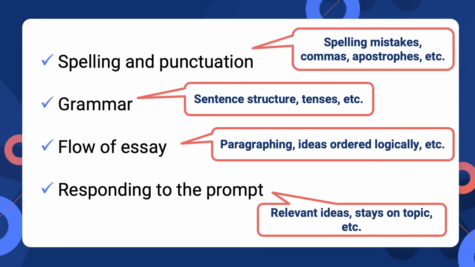So oftentimes we proofread our work by just skimming through and reading our writing, but one trick that I use and I encourage my students to use is reading our writing out loud as if we're presenting it to a class, reading it aloud, even if it's a whisper, because that will help you listen for some grammar mistakes or other types of mistakes, and you'll be able to hear if your sentences make sense and also if your essay flows well. So you'll be able to check for a lot of the things that we've spoken about today if you actually read aloud and listen for those types of things.